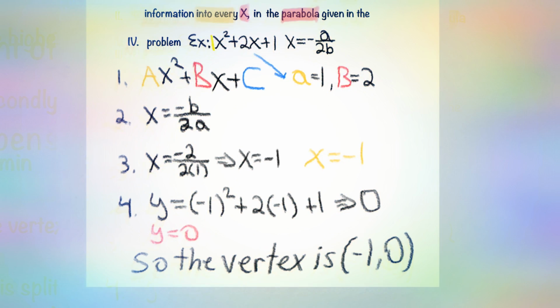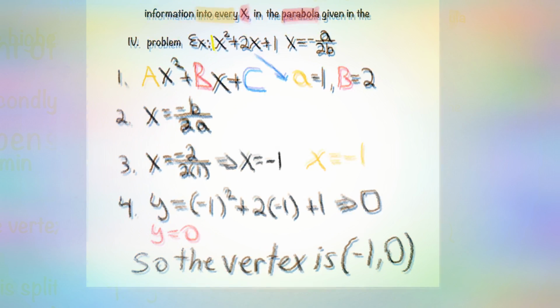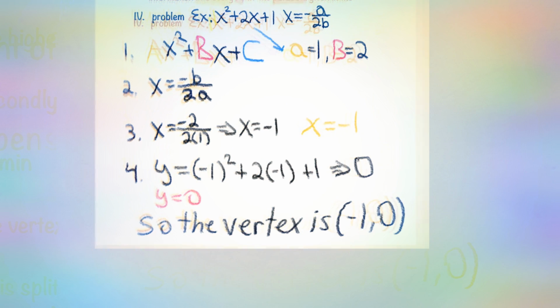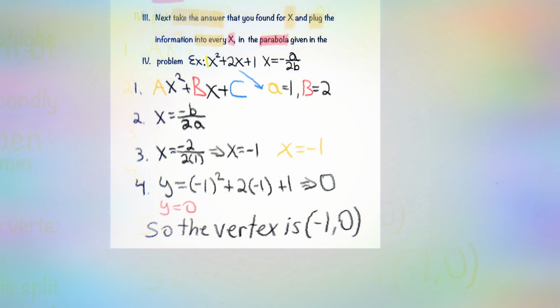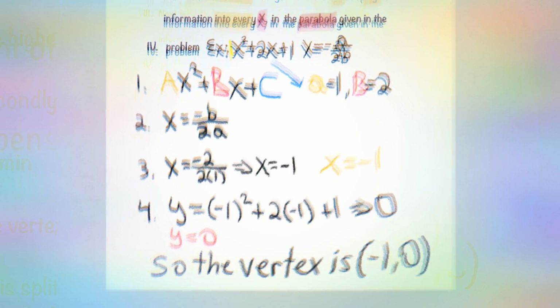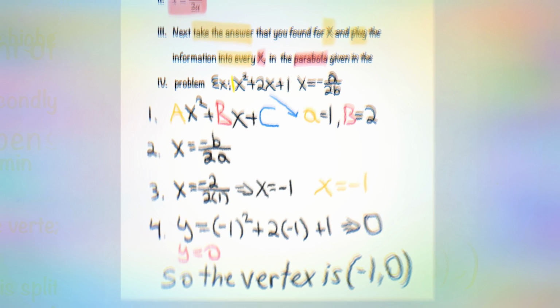So we take our formula of b is 2, so it'll be negative 2 divided by 2 times a, did I do that right?